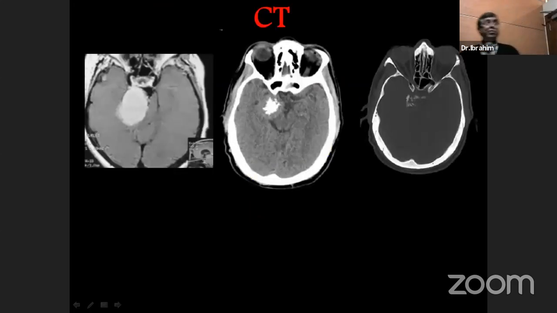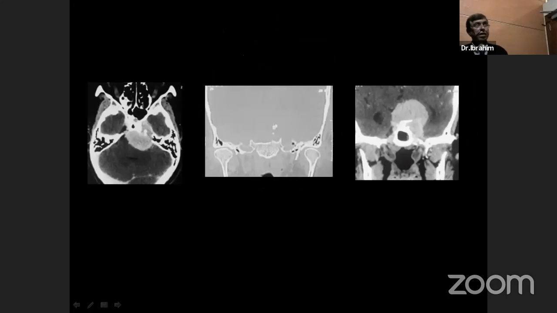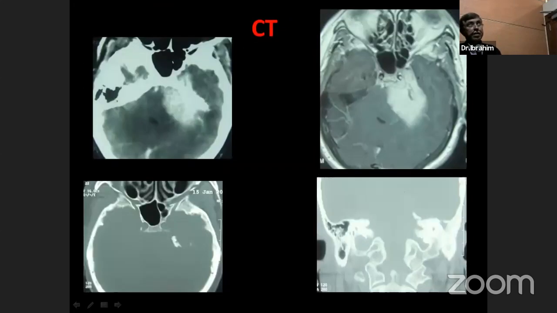I'm presenting to you the images of my series of cases. What can we learn from the images of these patients? CT is very important. Retroclival meningioma, look at this, calcification. It's important. Tumor infiltrating the orbital apex. Look at this, tumor destroying the petrous.